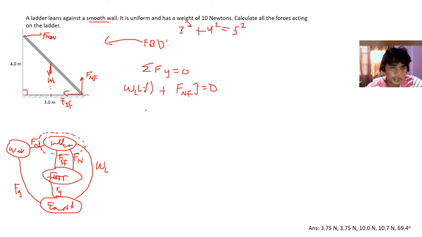Cancel all the j's. That just implies that our normal force due to the floor is just equal to the weight of the ladder. So therefore, our normal force due to the floor is 10 newtons because the weight of the ladder is 10 newtons.